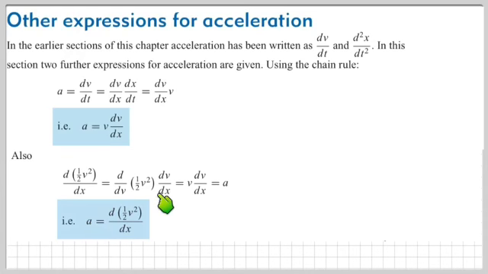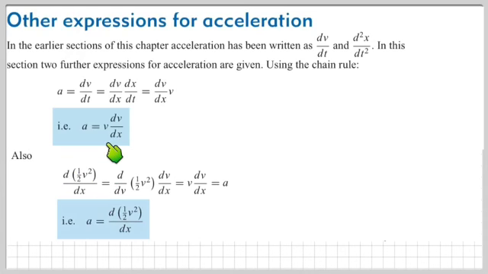Okay, another way of saying that would be going backwards from here. We could say, okay, v dv dx is what we know as a, and v is the derivative with respect to v of a half v squared. That's the other way, going backwards. That's actually the way I usually explain it in class.